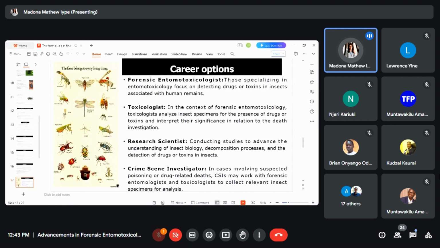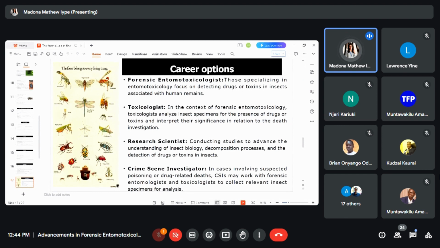Then the crime scene investigator will investigate drug-related cases, poisoning cases, or toxin cases. These investigators may work with forensic entomologists and toxicologists to collect relevant insect specimens for analysis, because even though we specialize in forensic science, it's not necessary and not possible for us to specialize in every type of evidence separately.